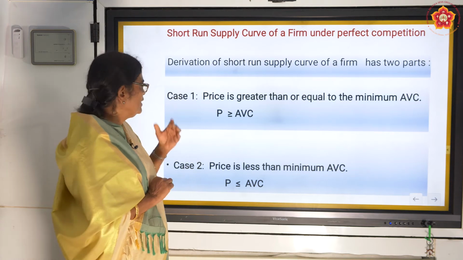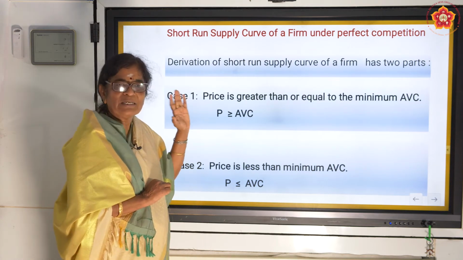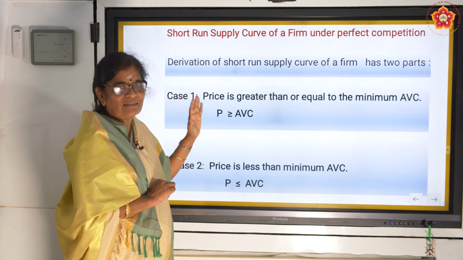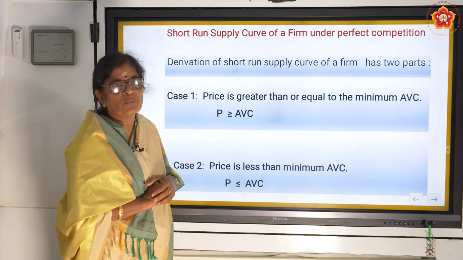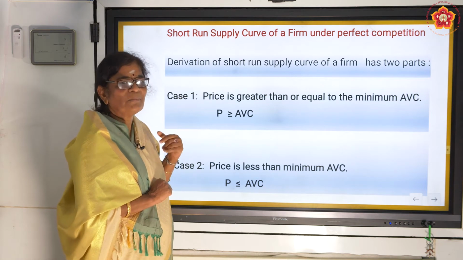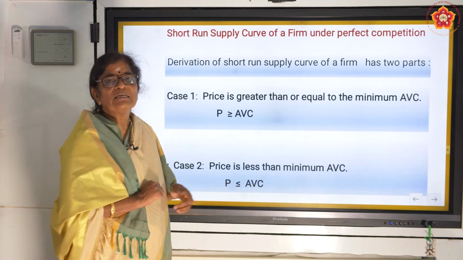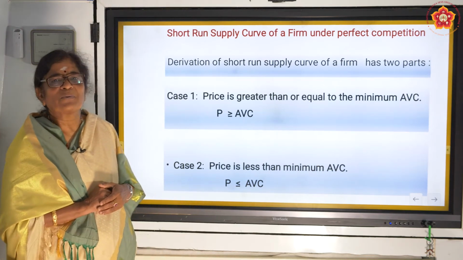That means at least the income earned should be able to cover variable cost. Only then will the producer go on producing that output. Otherwise, he will exit the market when it is less than AVC; there is no point, it is zero product.